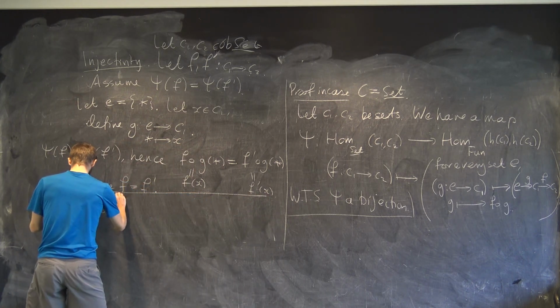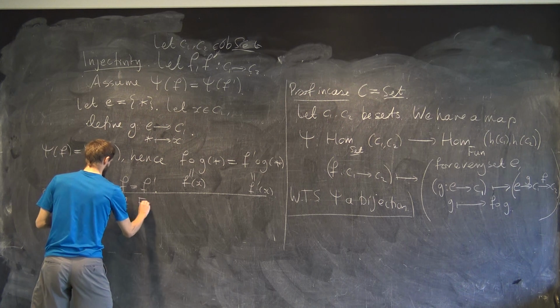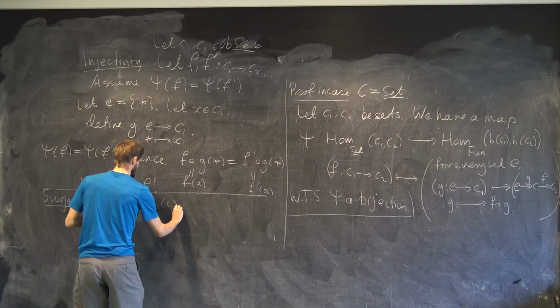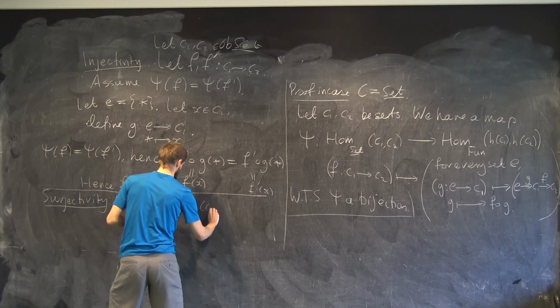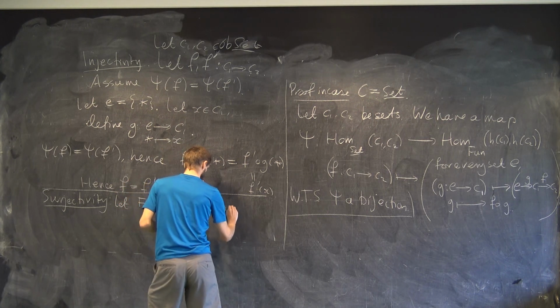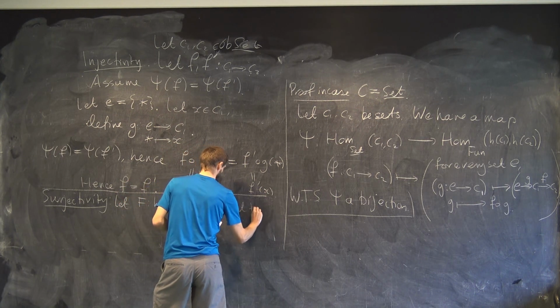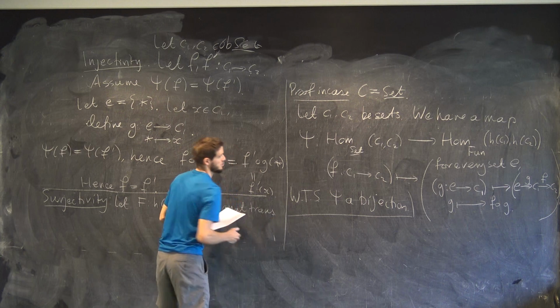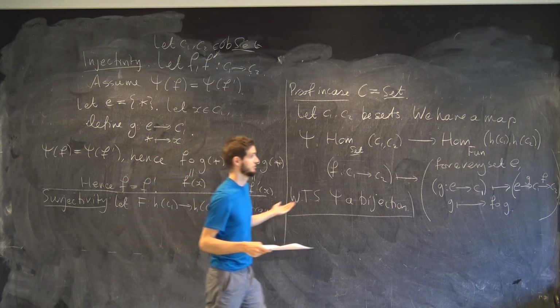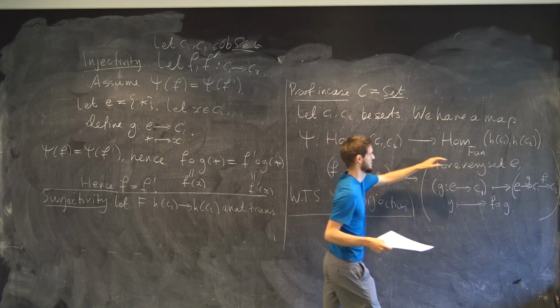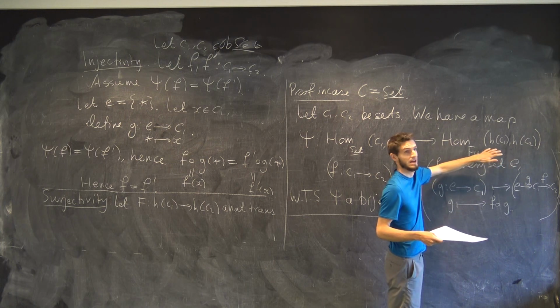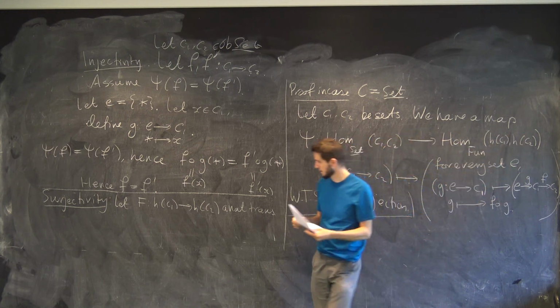So the proof of surjectivity: let capital F from H of C1 to H of C2 be a natural transformation. Remember that by definition, natural transformations are just the morphisms in the functor category. In other words, I could just say let capital F be an element of this set here.